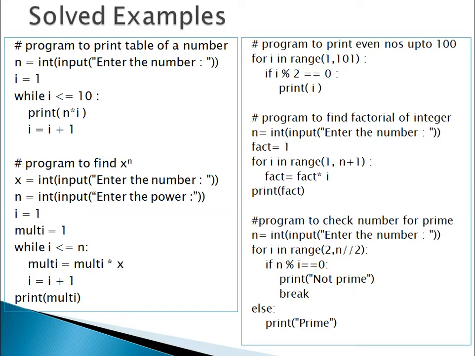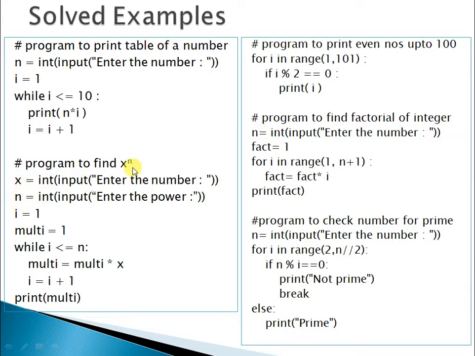Then you should set the value of x equal to 2, value of n equal to 3. But if it is a program like x to the power n, that means you have to ask the user about the values of those alphabets. So you will ask the value of x, you will ask the value of n.